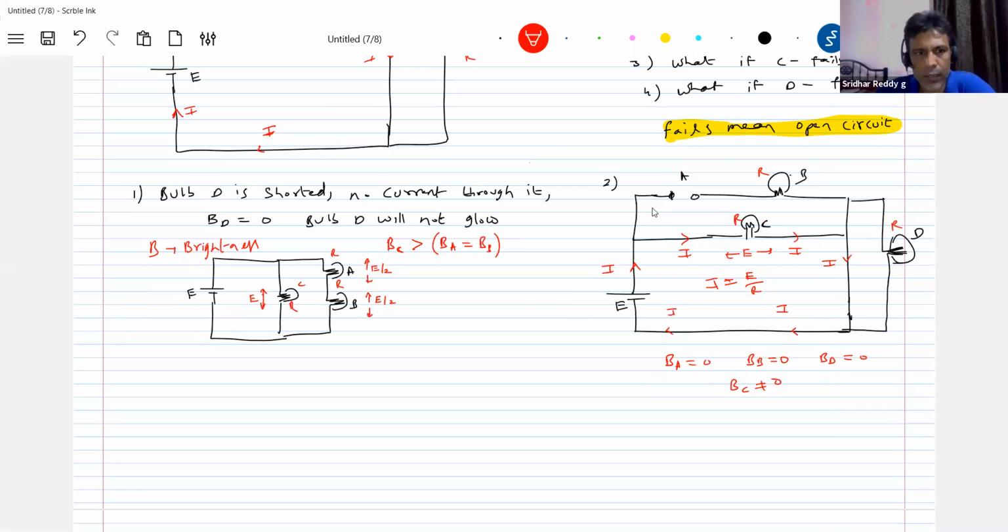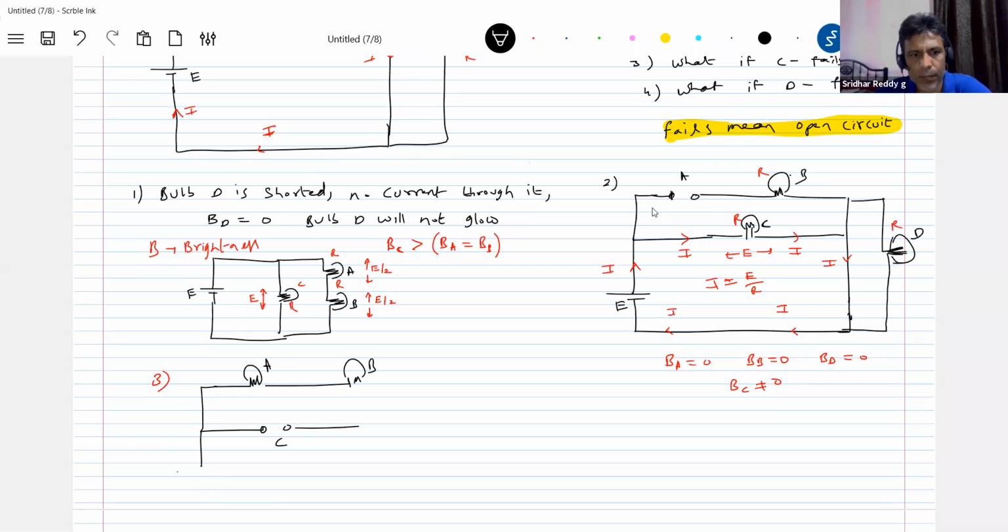Okay, third one. What if C fails? So I should show these two bulbs B, A. C fails means put an open circuit in place of C.